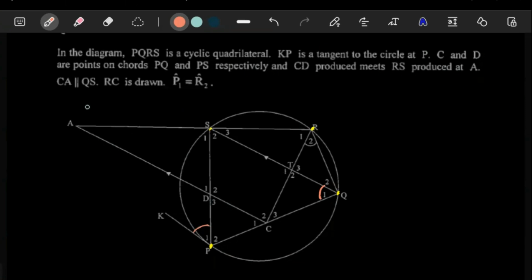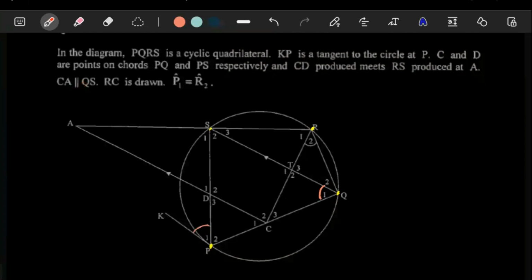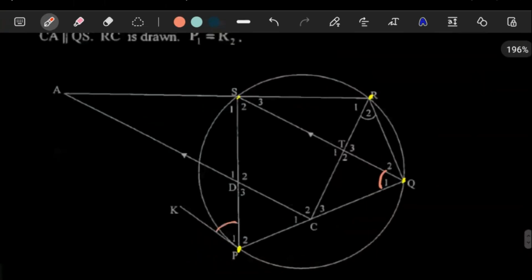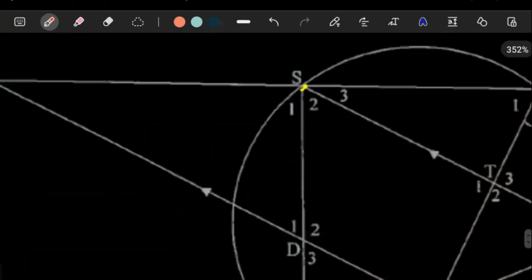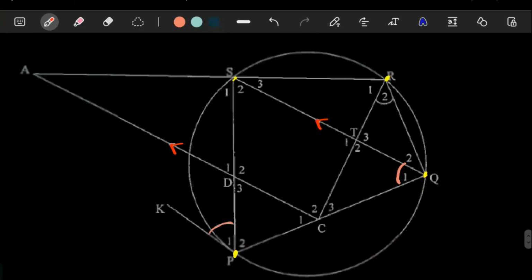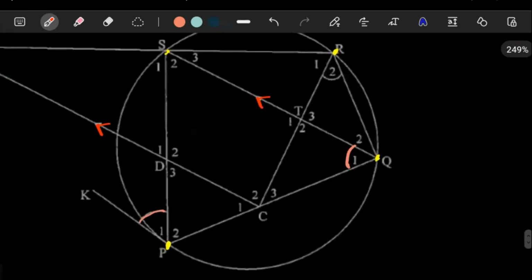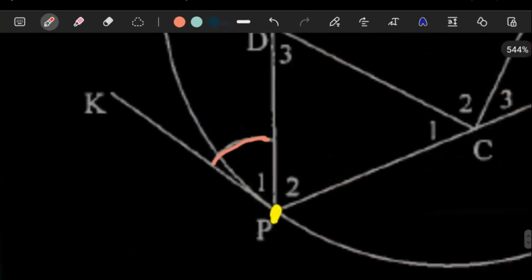Let's see which ones are parallel. It's CA, right? So CA is parallel to QS. Where is CA now? CA parallel to QS. And then it says here P1 is equal to R2. Okay, that's important. P1, where is P1 now? Yeah, P1 is here.